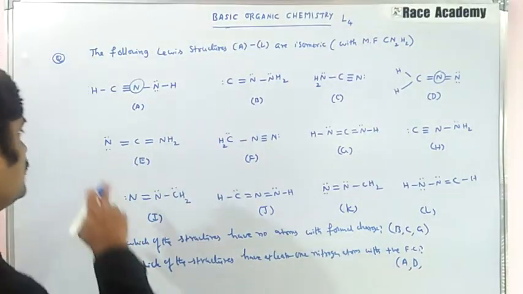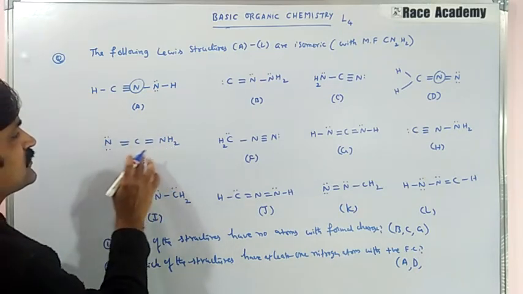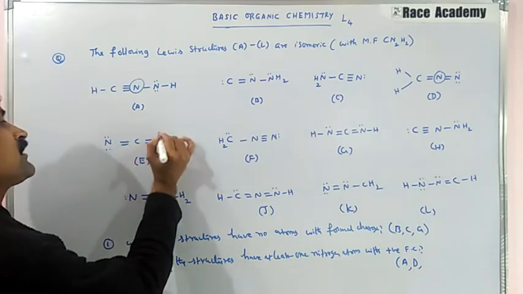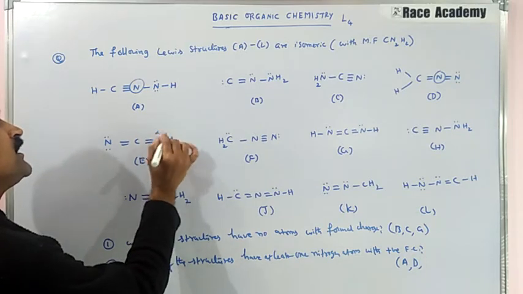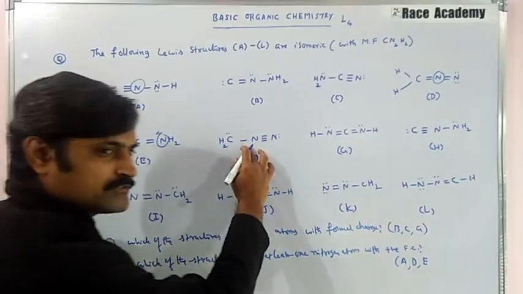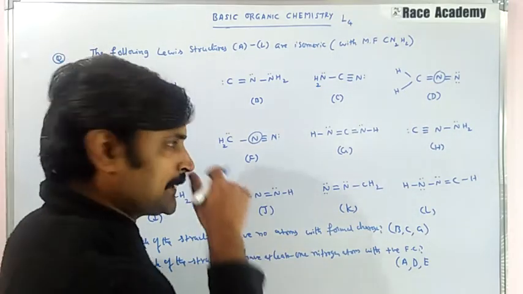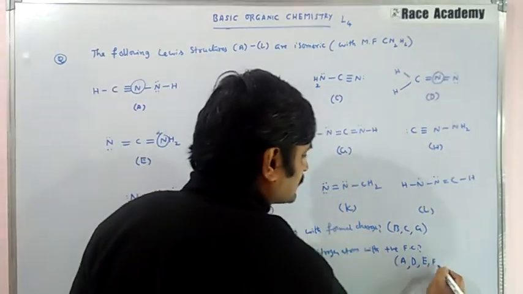Directly you can see here this nitrogen is having 4 electrons, so positive will come here. So E also we can consider. In this case F also will come, around this nitrogen 5 electrons are there. For this one 5 are there, so that also we can consider.